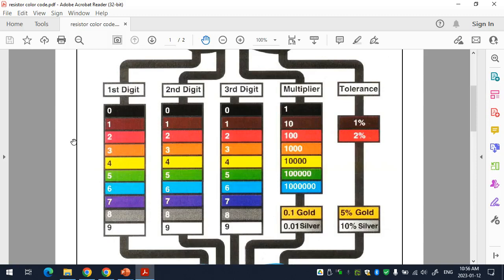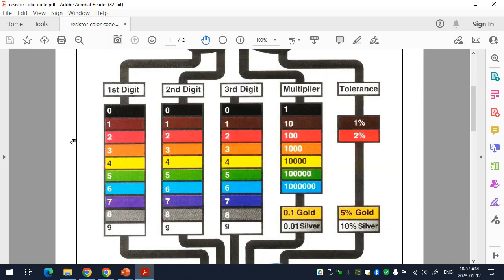What's my second digit? Also red, so it's 2. And then I need my multiplier, so you multiply times 10 to the what? What's black? 0, so 10 to the 0 is 1. And then plus or minus: is it gold or silver? It's silver. Silver gives me an error of how much? 10%.